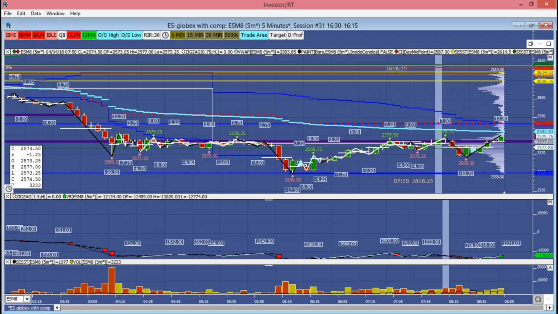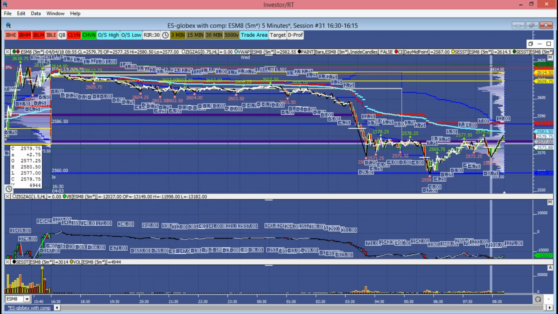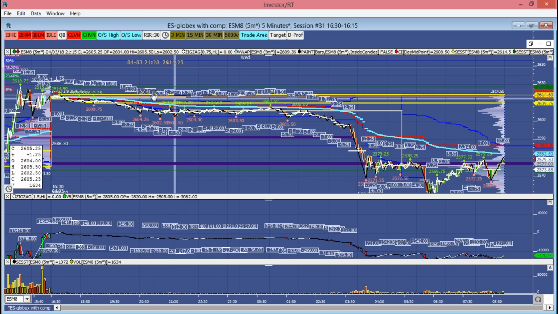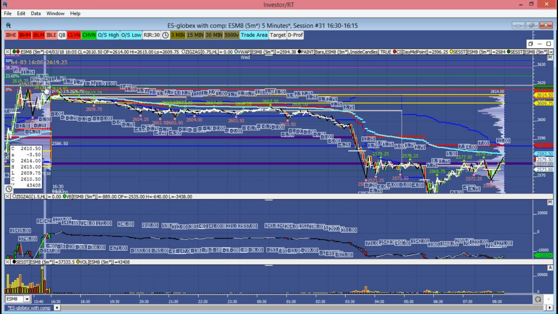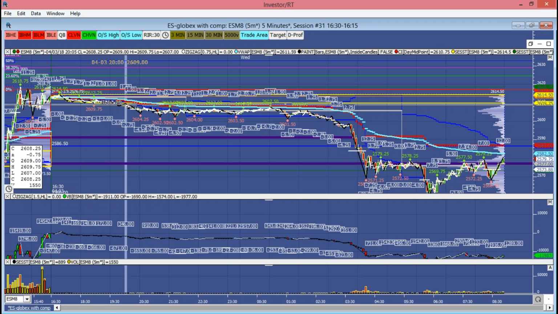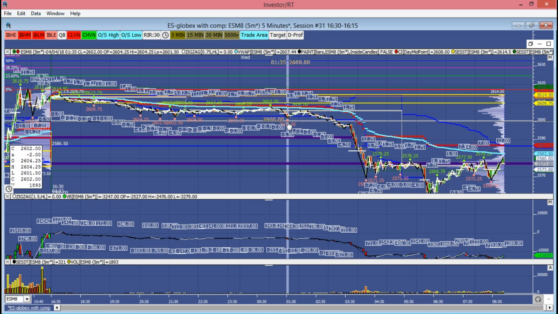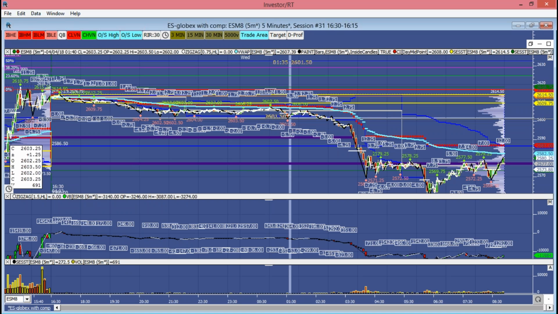We did open up in the Globex, and we started to make the rise. We got up to the 1450, unable to break the range from the prior day, and then we just sort of drifted slowly down, coming down to test that key line in the sand again at the 260150.